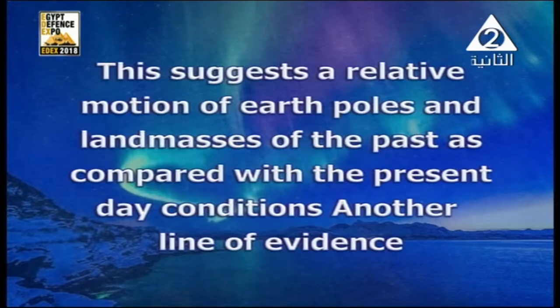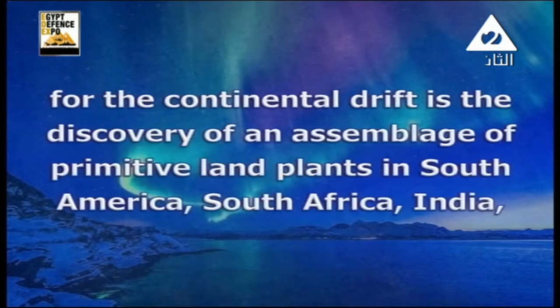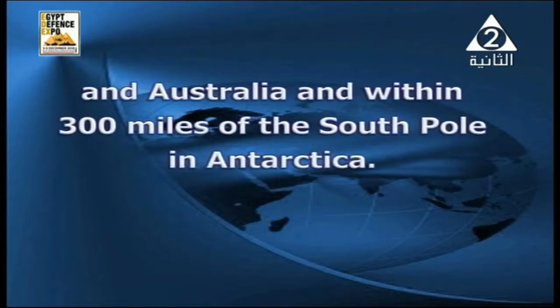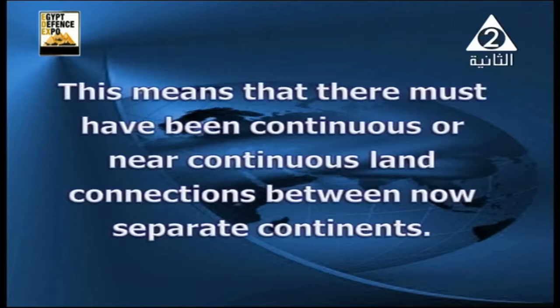Another line of evidence for continental drift is the discovery of the assemblage of primitive land plants in South America, South Africa, India, and Australia, and within 300 miles of the South Pole in Antarctica. This means that there must have been continuous or near continuous land connection between now separate continents.